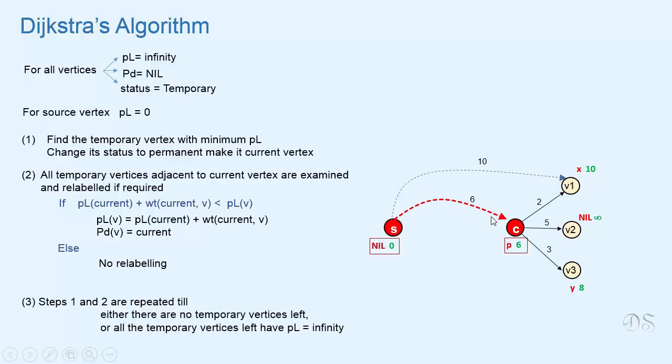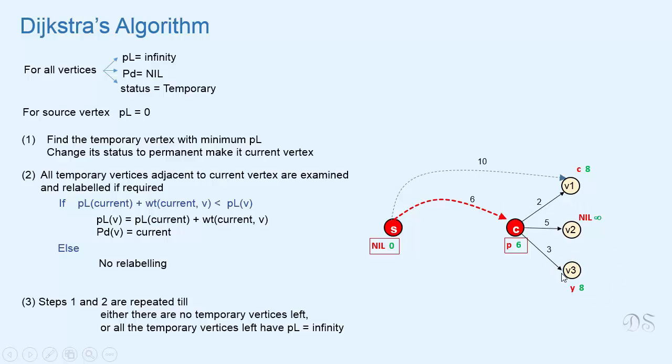Now we have a path of length 8, which is made up of 2 parts: a path from S to C and an edge from C to V1. So we relabel this vertex V1. Now the value of path length is 8 and C is the predecessor of vertex V1 in the shortest path.